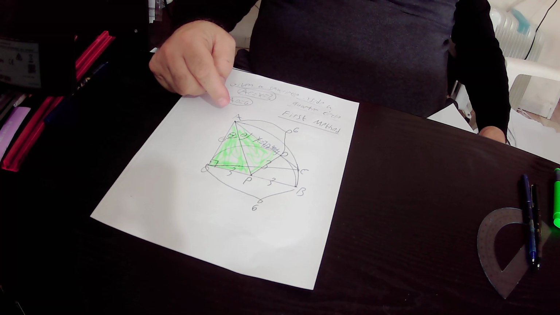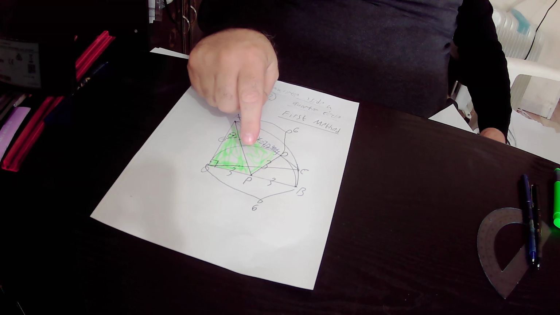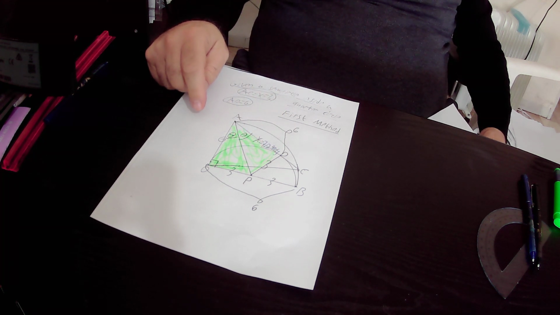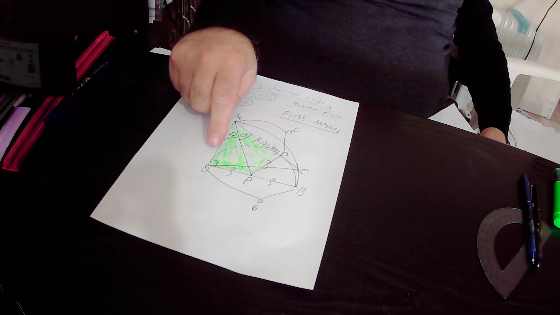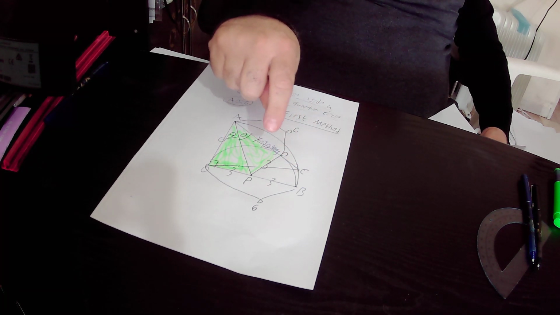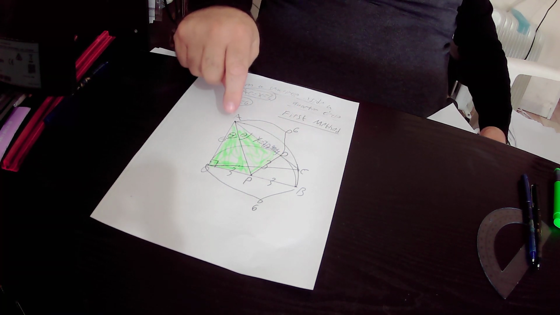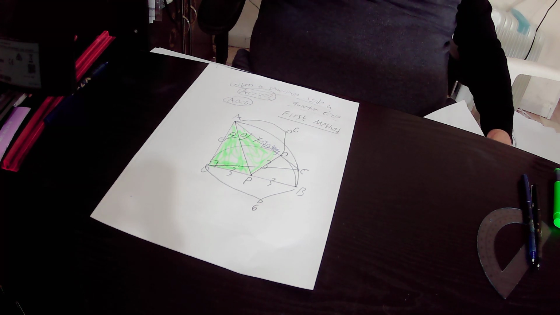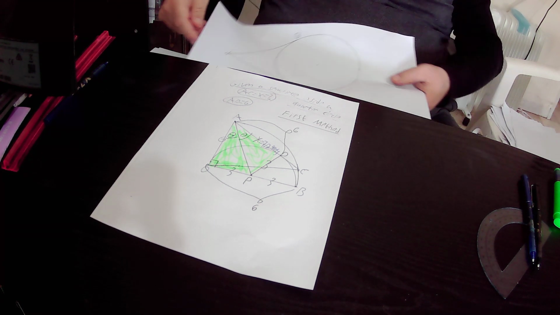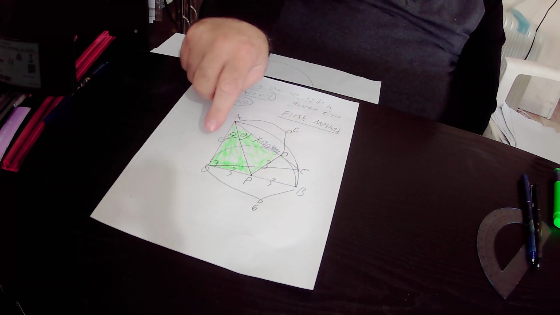For the same reason, OB must also be the radius of the quarter circle because it starts from the center of the quarter circle, that is to say from point O, and then at point B, that is the point of the quarter circle itself. So therefore OB equals 6 units, this is the radius of the quarter circle. But OB is not only the radius of the quarter circle, but is also the diameter of the semicircle itself.